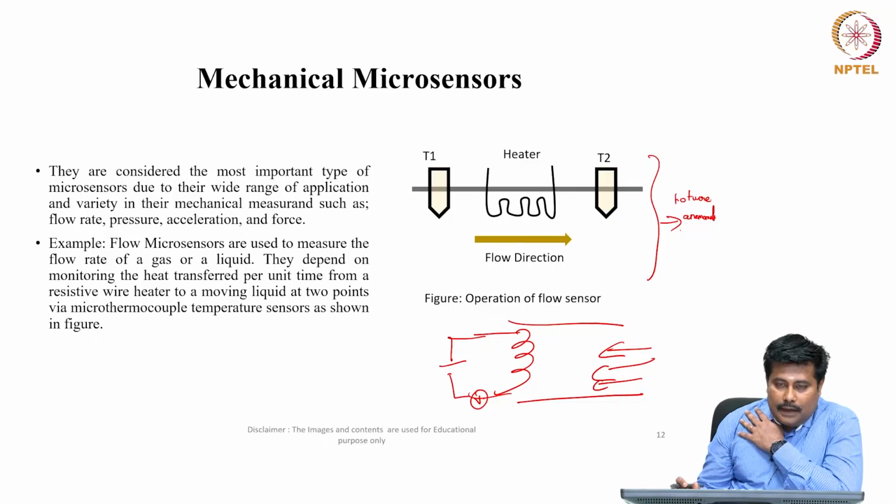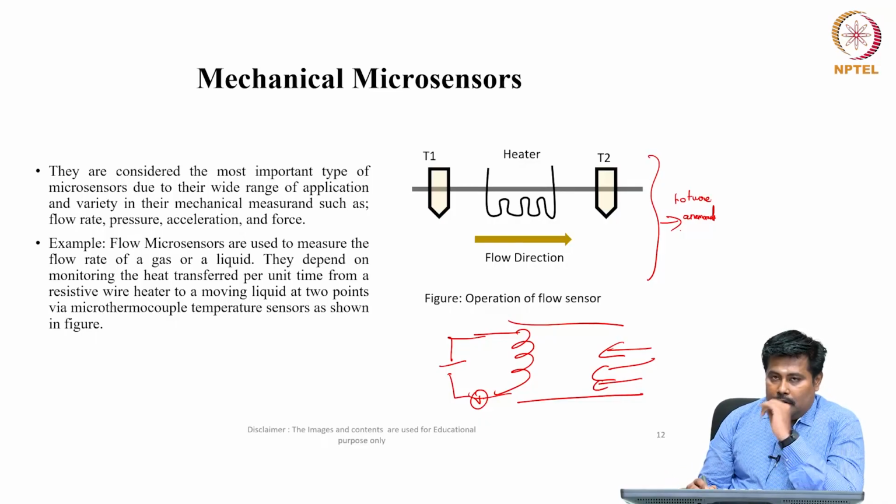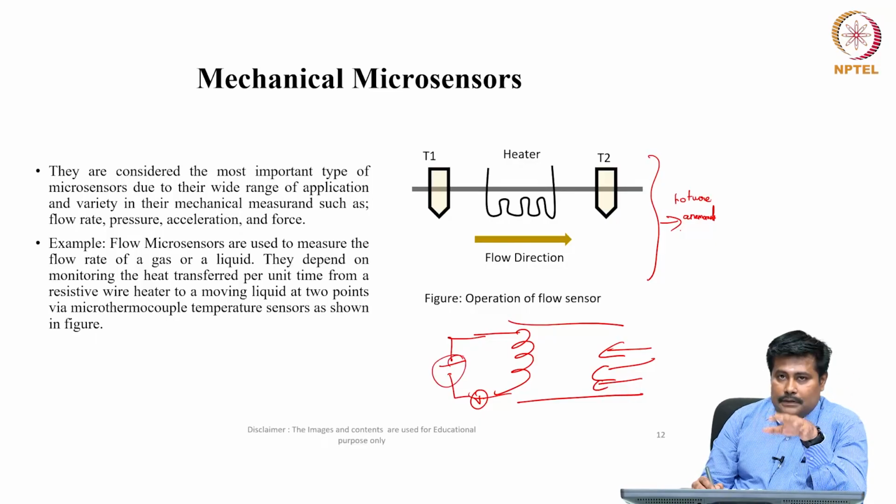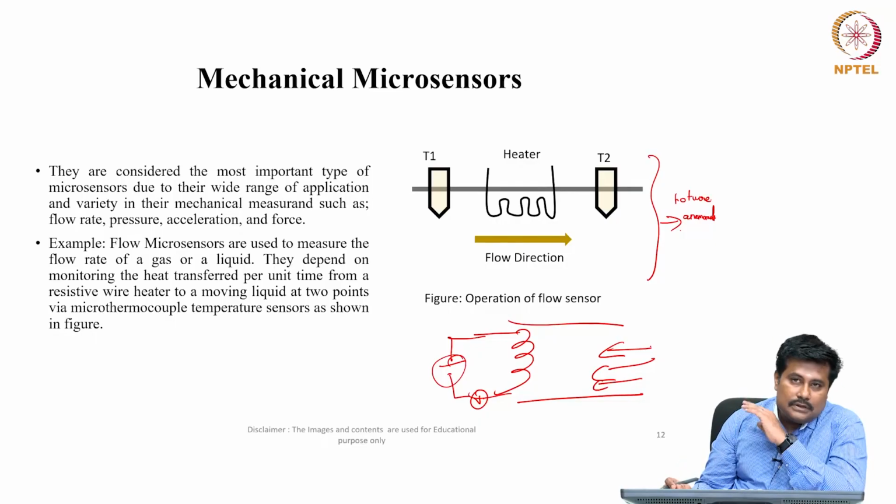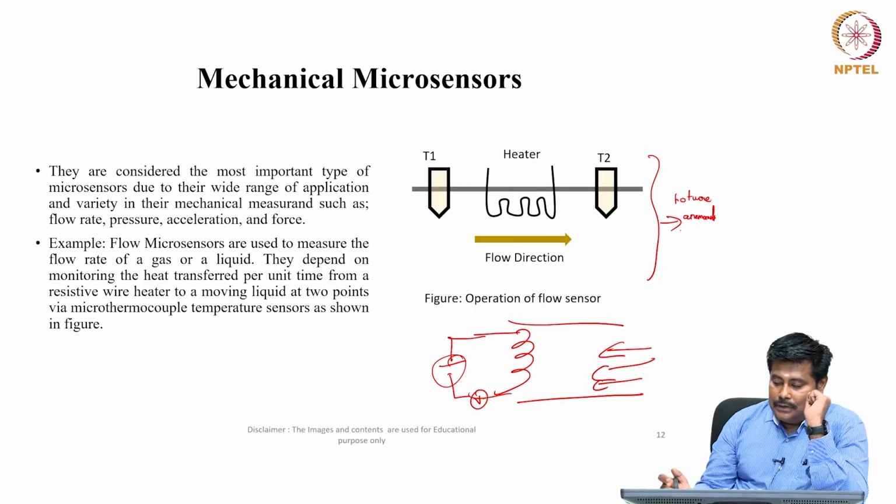This reduction in the heat will try to draw more current from the source. So from the amount of power which is drawn, we can estimate how much flow is passing through it and how much temperature reduction happens.